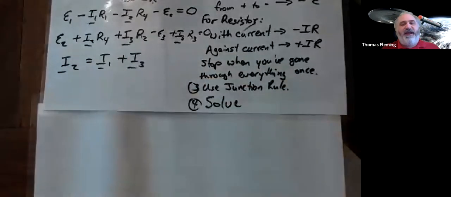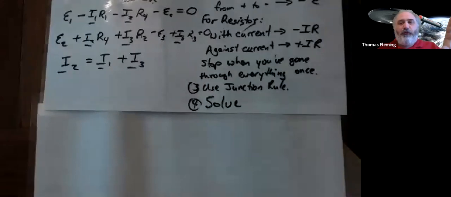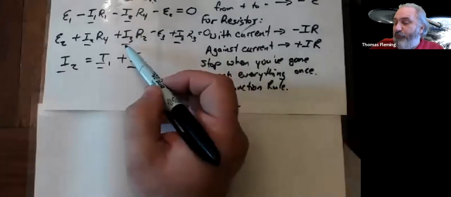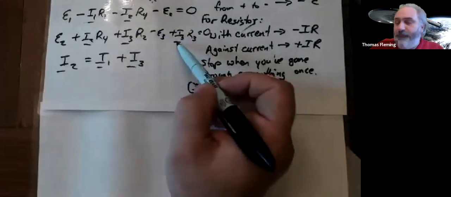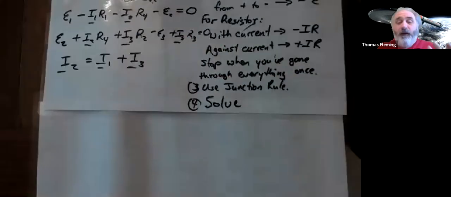If I had an equation in algebra class that had 5x plus 2x, well, I'm going to combine like terms, and 5x plus 2x would turn into 7x. We're going to do the same thing here. I have something times I3 plus something times I3. I'm going to combine like terms and get something plus something times I3.